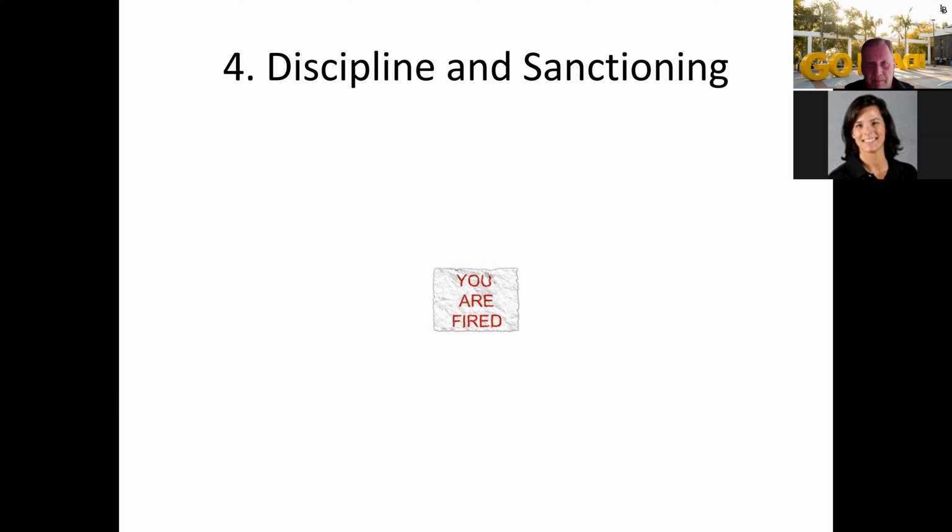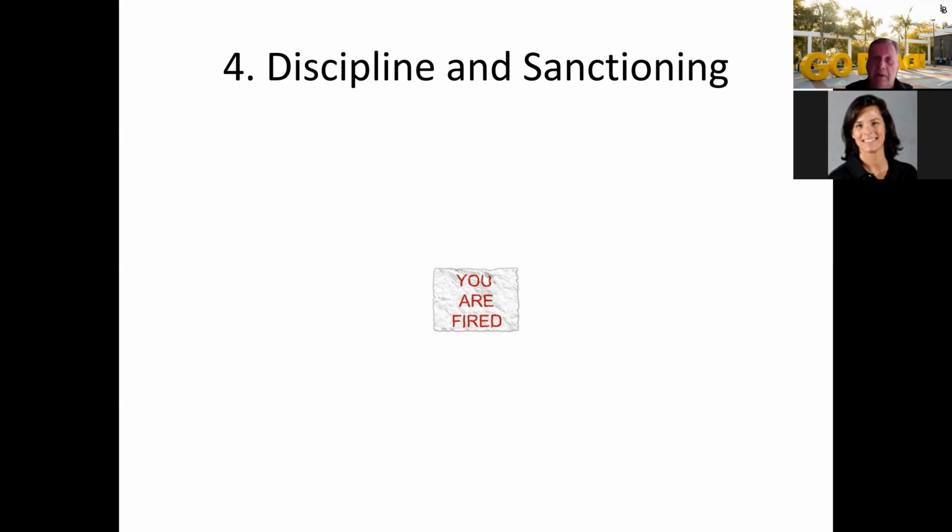You can terminate public employees, but it needs to be for cause. It needs to be related to their performance. It will be governed by not only civil service regulations, but will also be governed by the collective bargaining agreement. And collective bargaining agreements are always very specific in terms of how you discipline, sanction, and unfortunately maybe have to terminate that employee. And so those procedures will certainly be spelled out.